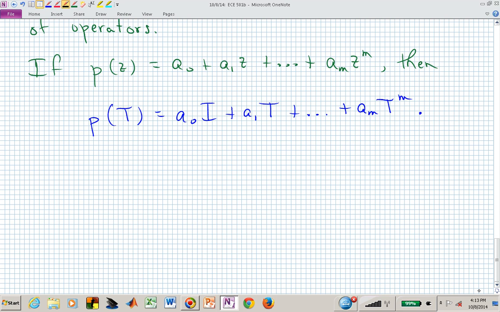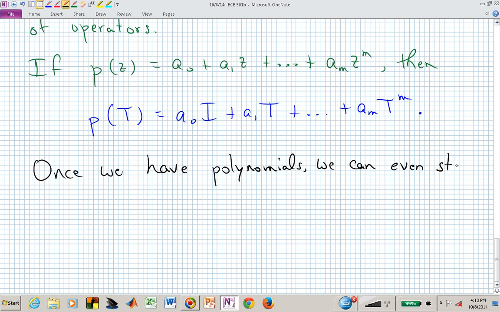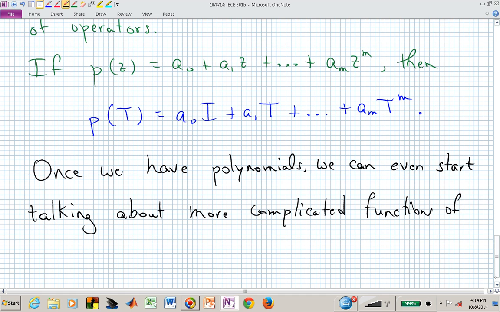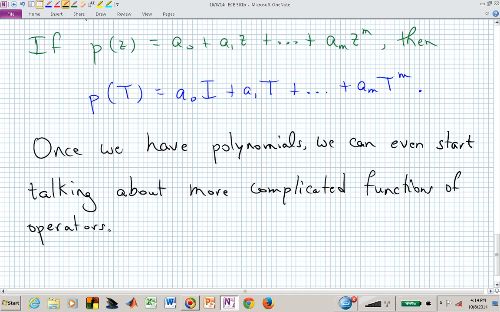Once we have polynomials of operators, we have an even more extensive utilization that we can use for these operators T. Once we have polynomials, we can even start talking about more complicated functions of operators.